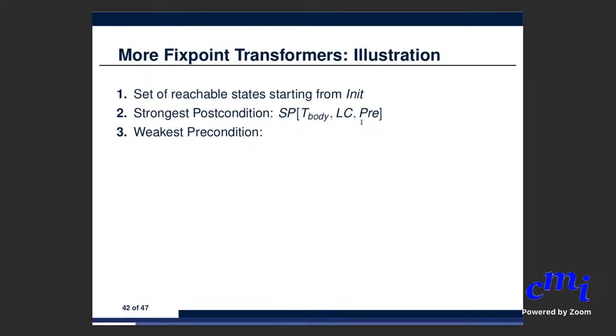A predicate transformer of which this would be a loop invariant. Okay, I'll answer that. A loop invariant is a fixed point of F. Now, what I'm asking you is there are so many loop invariants.